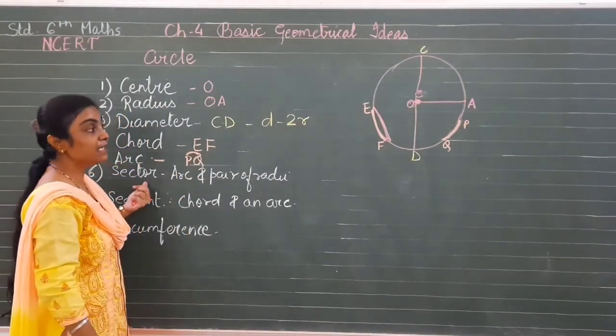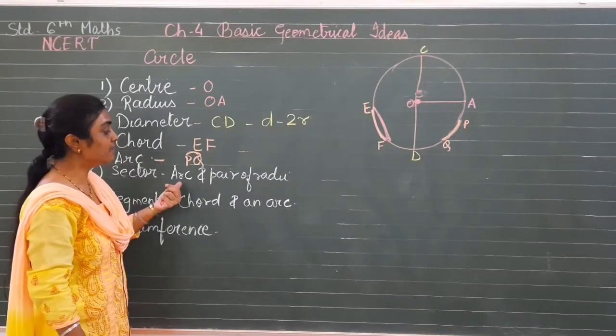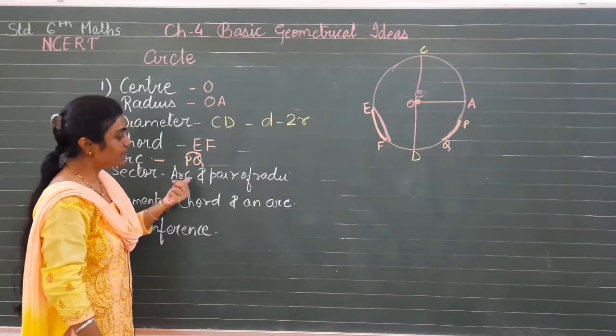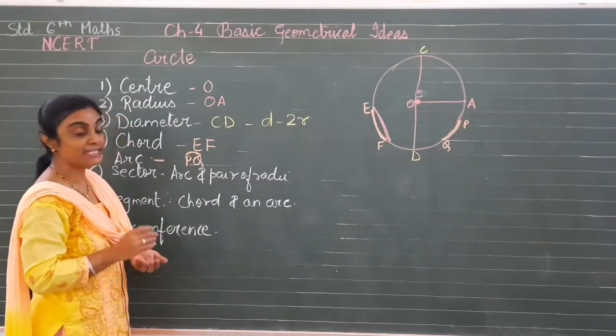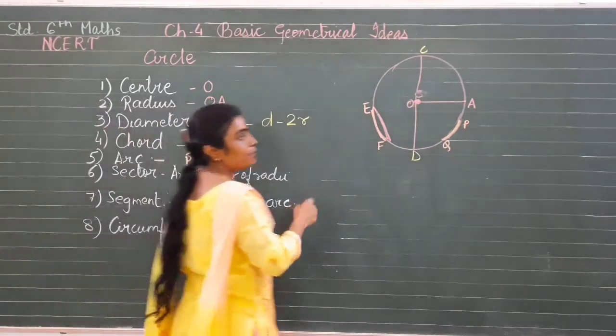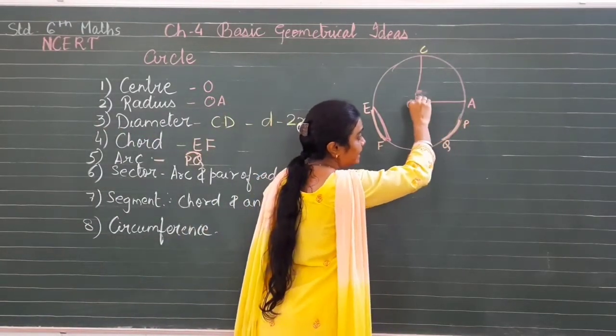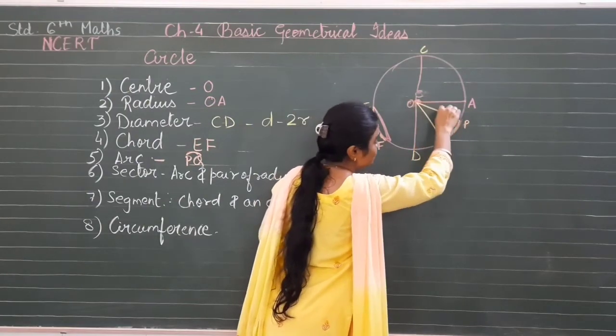Now let us see sector. What is a sector? A sector is formed by an arc and a pair of radii. Suppose I have drawn an arc over here and I am connecting these two radii.